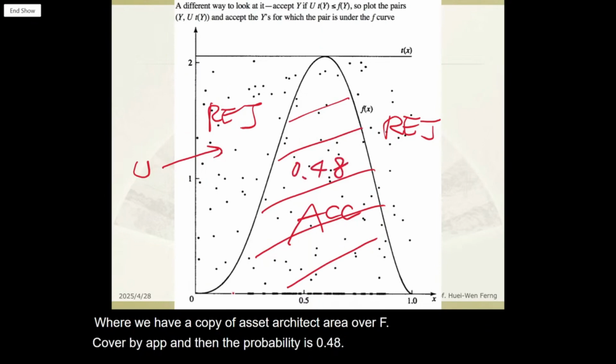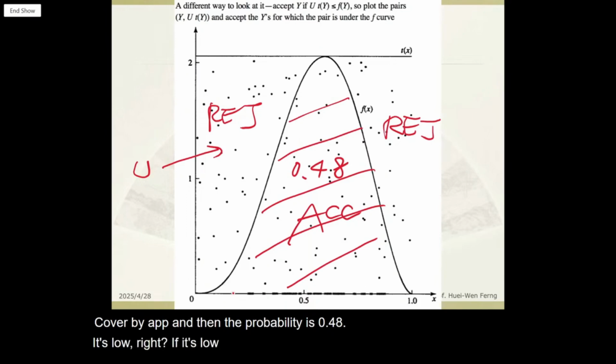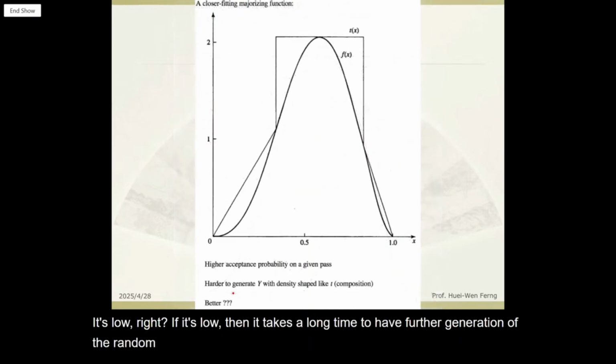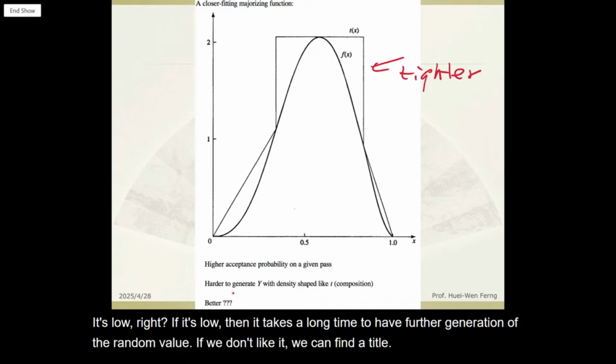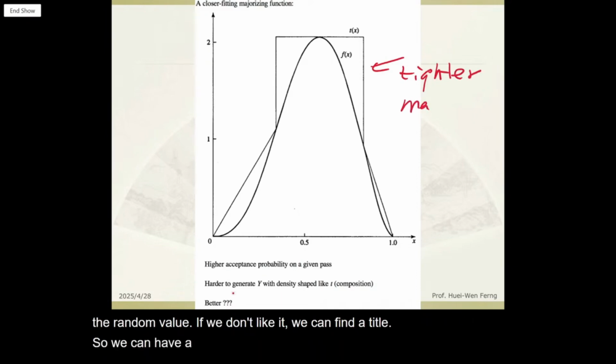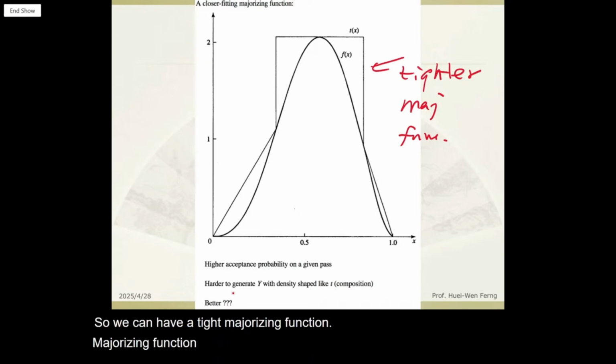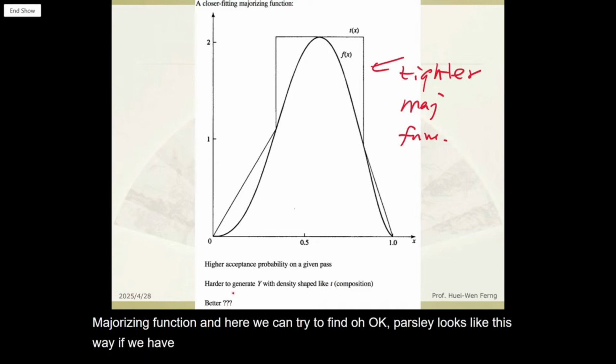It's low, right? If it's low, then it takes a long time to generate the random value. If we don't like it, we can find a tighter majorizing function. Here we can try to find, okay, possibly one that looks like this way. If we have a function like this, then we can have a higher probability of acceptance.